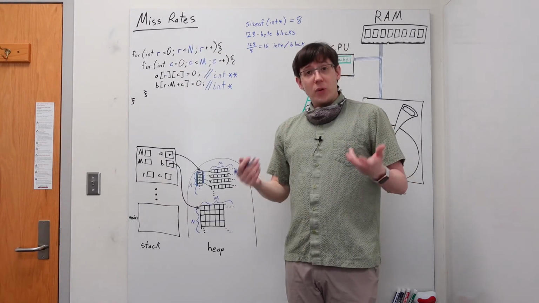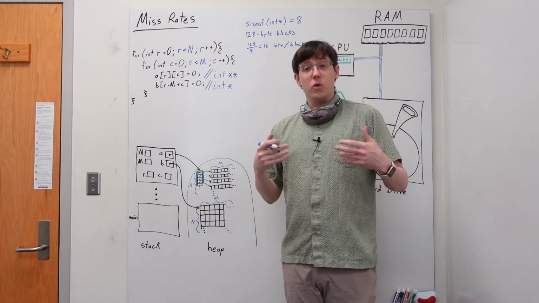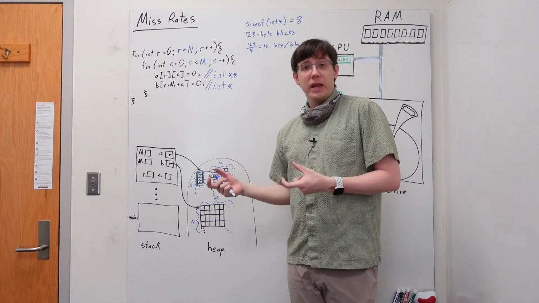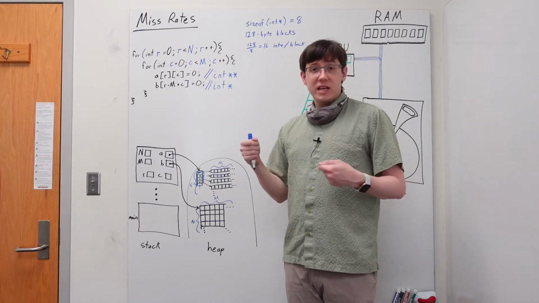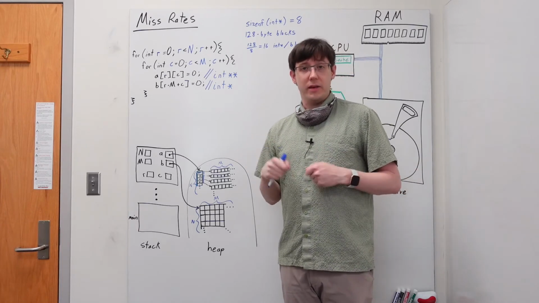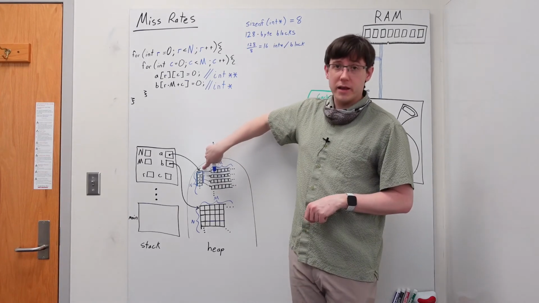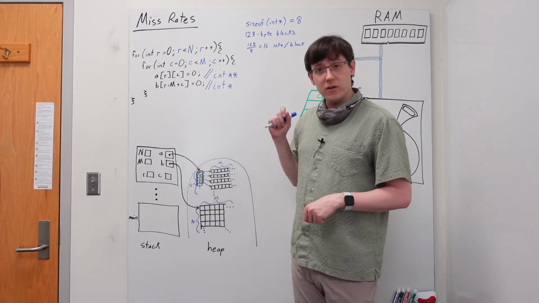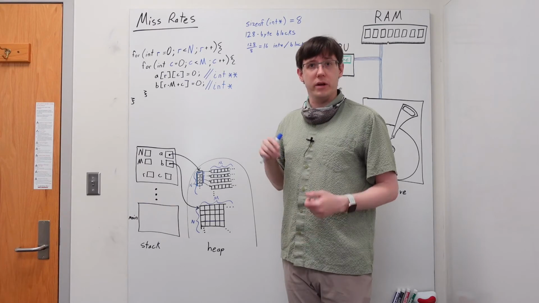And so if an int pointer takes up 8 bytes, and there are 128 bytes in each block, then every time we bring in a block, that can hold 16 int pointer values. And so the first time that we have a cache miss, we will bring in both the pointer that we were accessing and the next 15 pointers.